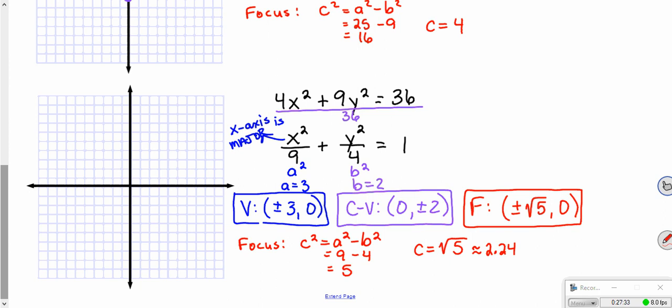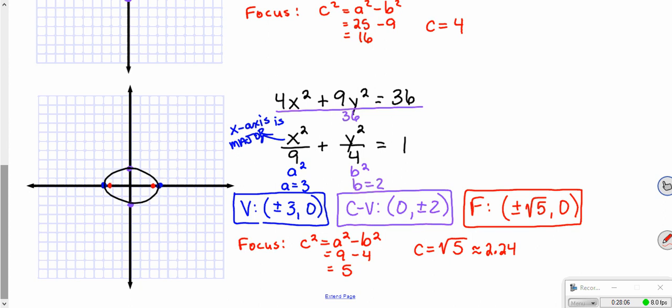Okay, so first of all, vertices: 3, negative 3; co-vertices: 2, negative 2. Okay, draw my little ellipse here, not too bad. And then my foci are at 2.24, so like right in there. Okay, those would be my foci.